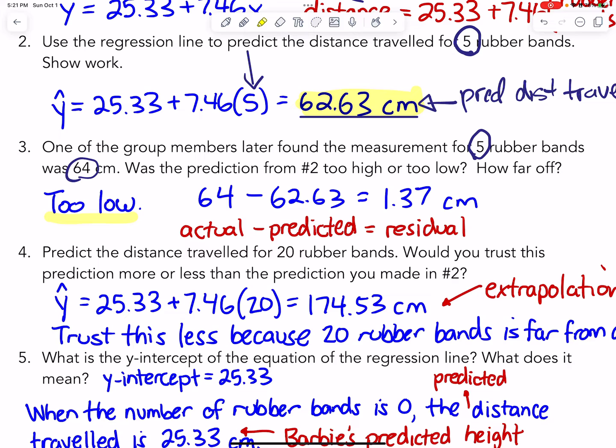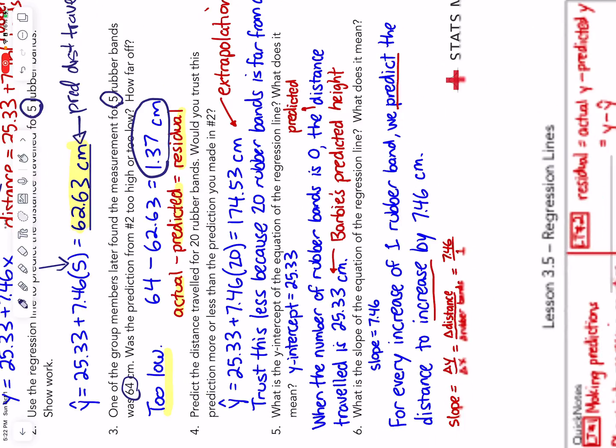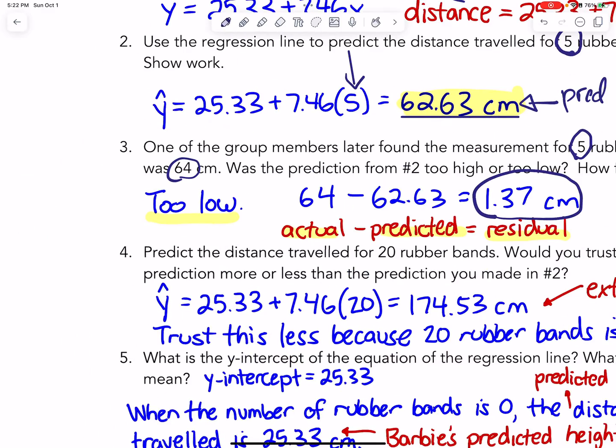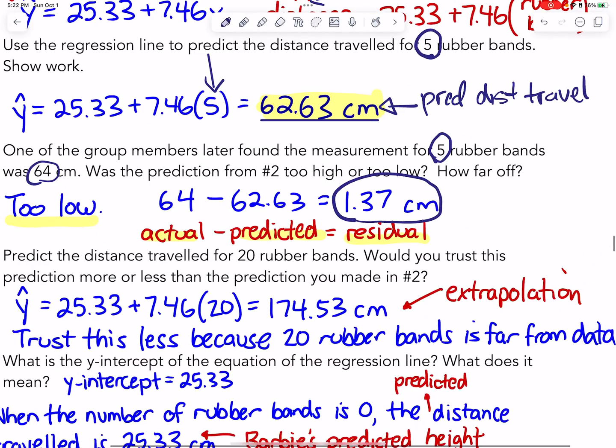My actual minus my predicted is considered my residual, so I missed it by 1.37. That's what my residual does, it tells me how much I missed it by. The acronym I try to remember for residual is RAP: residual equals actual minus predicted. Actual minus predicted. Okay?